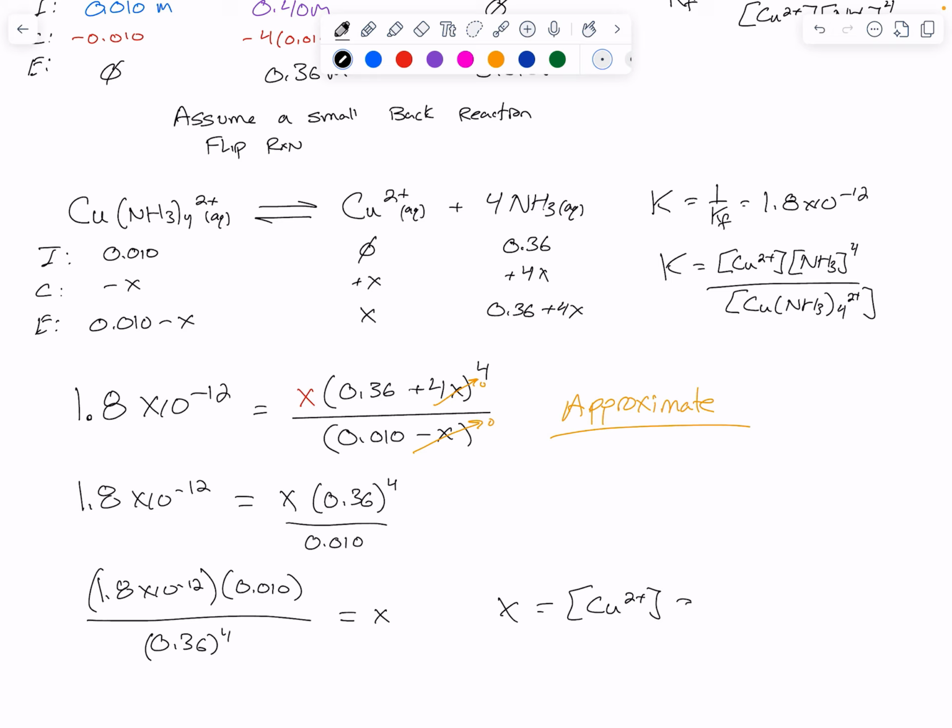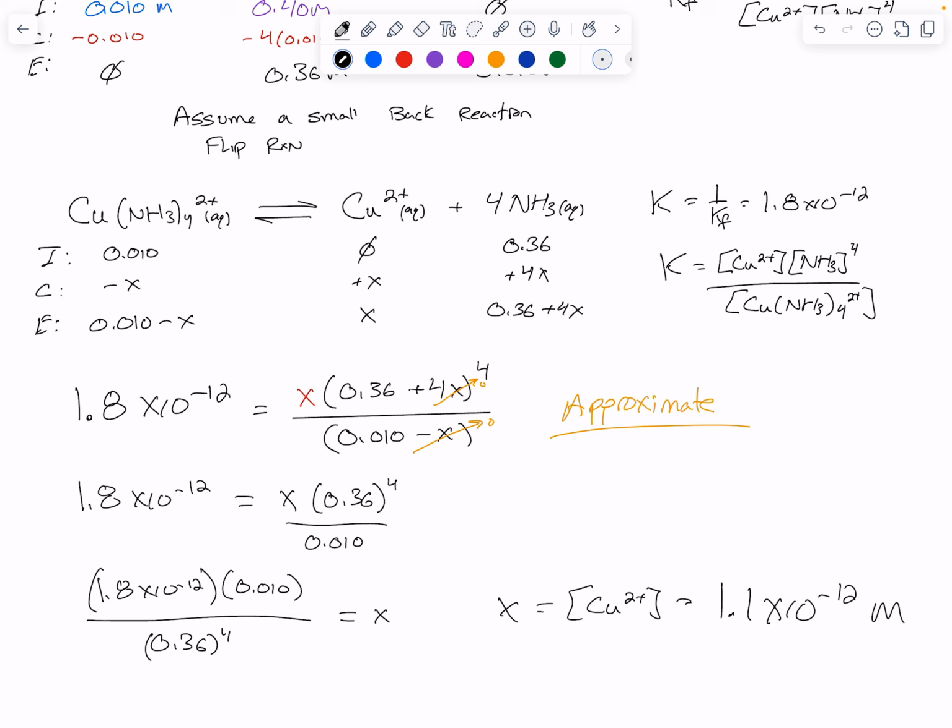Oh, I did err. I get 1.1 times 10 to the negative 12 molar, which doesn't seem very big, and it shouldn't be very big, right? It should be very small.